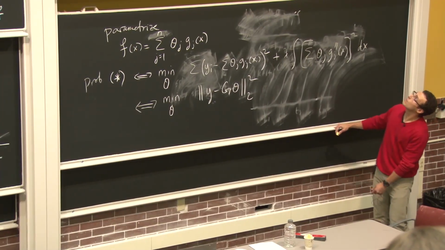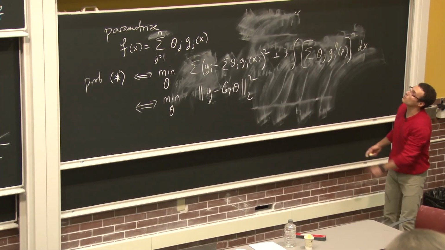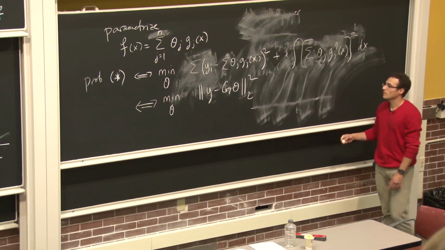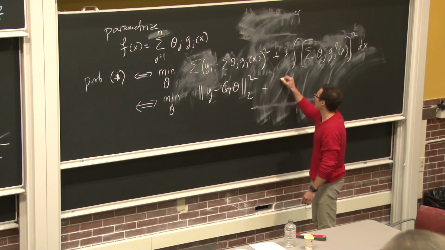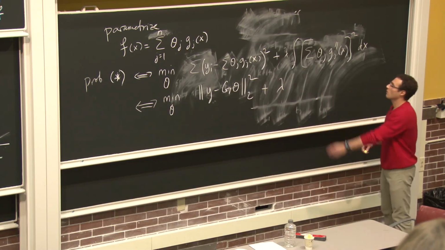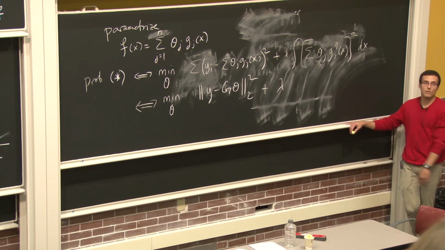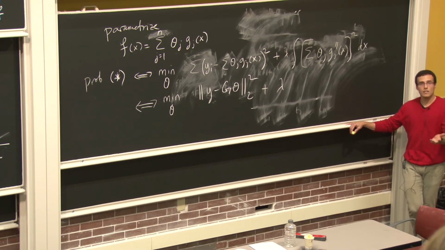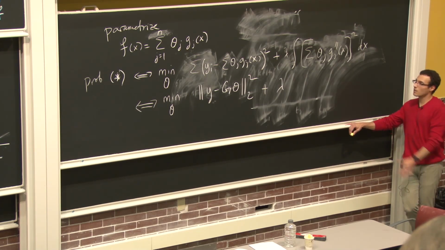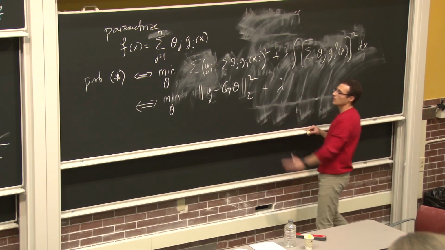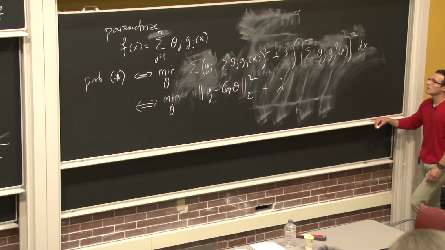So it has entries Gij, which is equal to the jth basis function evaluated at xi, plus lambda times, I want to express this thing in matrix form to get it on the same level as that first term. Because it's just easier to deal with these problems when we think of them as more abstract minimization problems in vectors and matrices.